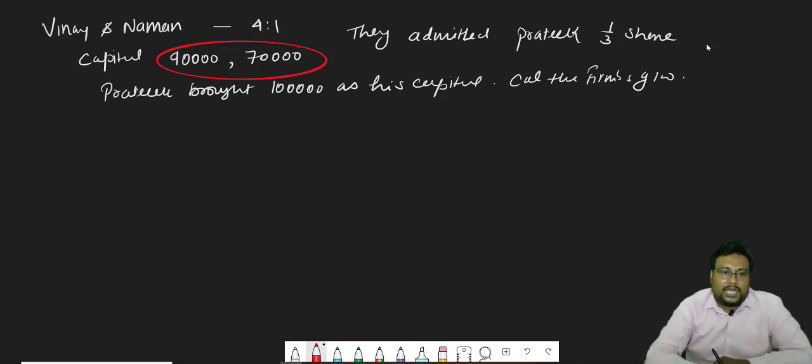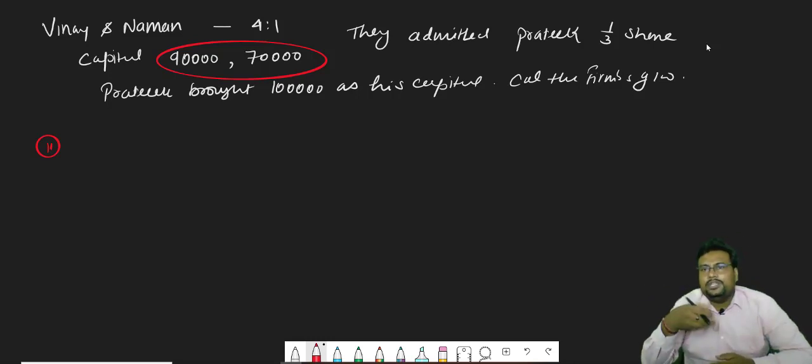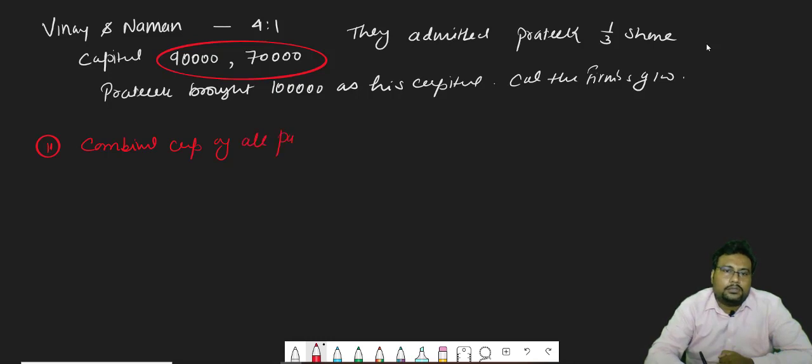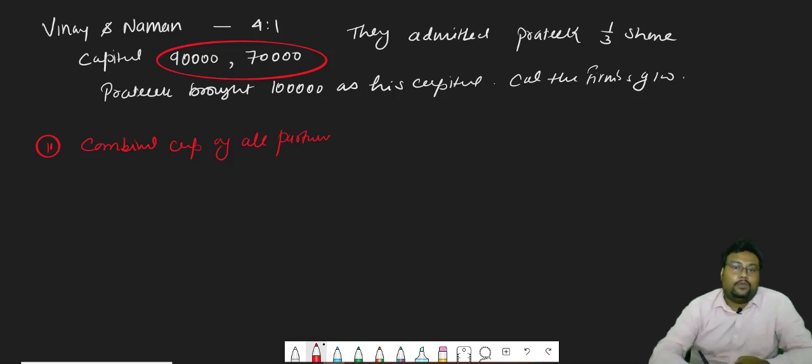Step number 1, closing capital, is already given in the question. So we start from step number 2: we will find out the combined capital of all partners.